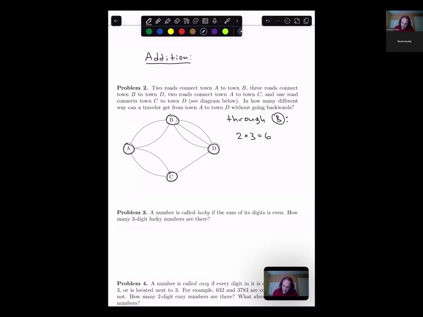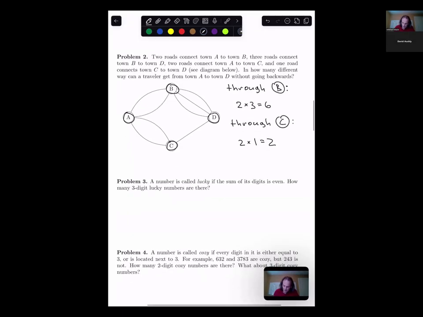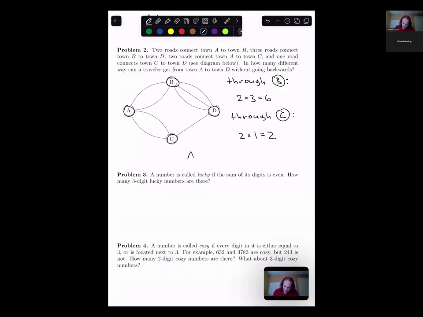So there are six ways to go through B, and then if we want to go through C, then on the first step we have two choices, and on the second step we just have one choice. So that's two. And here comes the addition. Now we need to add them. So 6 plus 2 is 8.